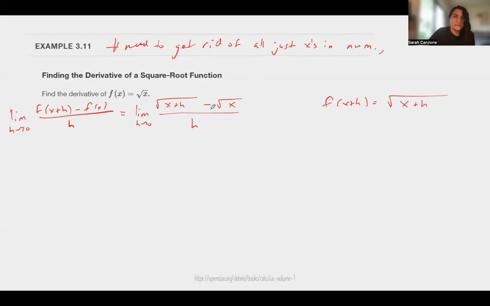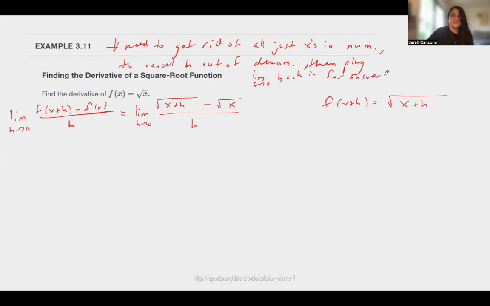And the reason why we're doing that is because then we can factor out an h from the numerator and cancel it out with the denominator. So to cancel h out of the denominator, then plug the limit as h approaches 0 back in for our answer.